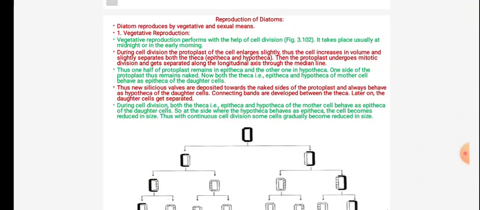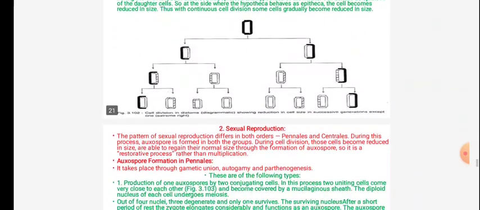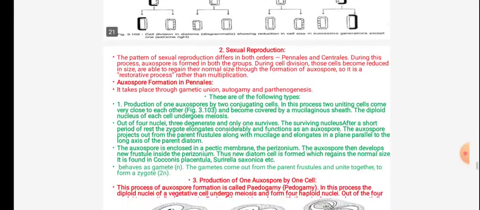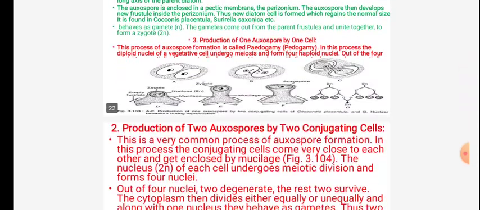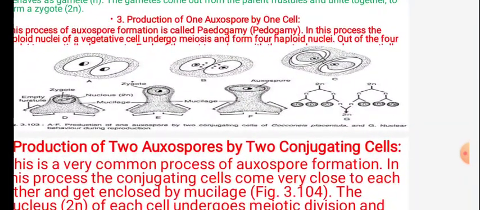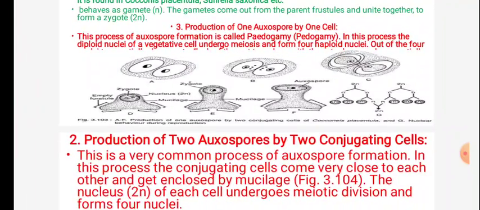Then in reproduction, diatoms reproduce vegetatively by binary fission, dividing cells 1 to 2, 2 to 4, 4 to 8, like this. Then sexual reproduction shows autogamy, then gametic union, and auxospores develop. Formation in Pennales: production of an auxospore in one cell, you see how this develops inside.